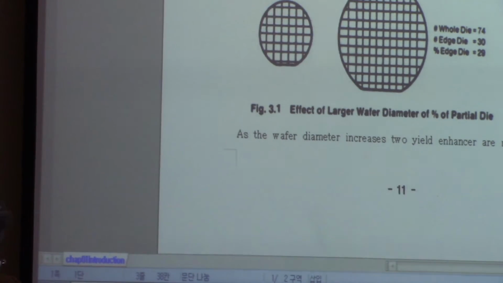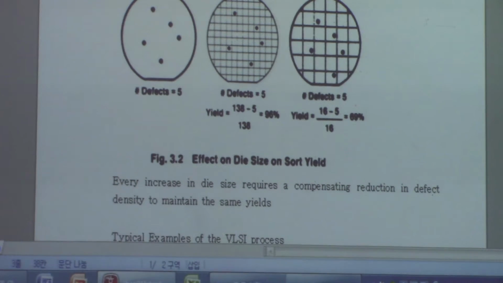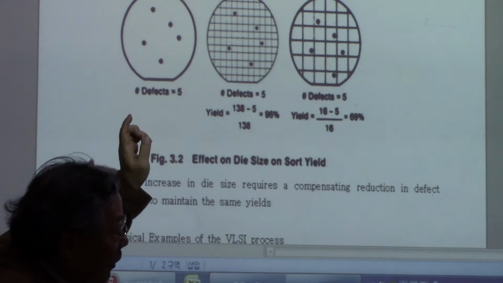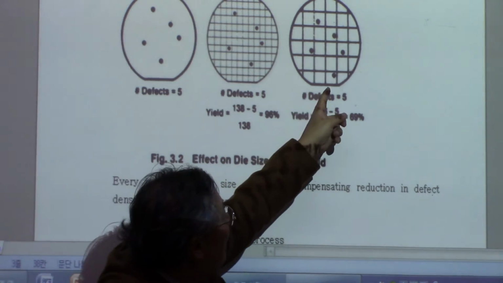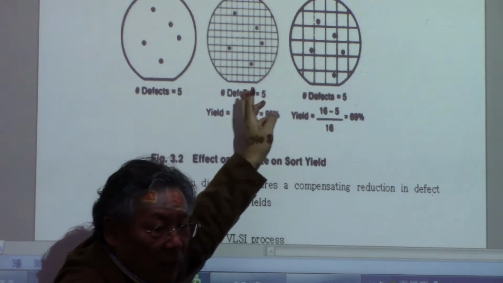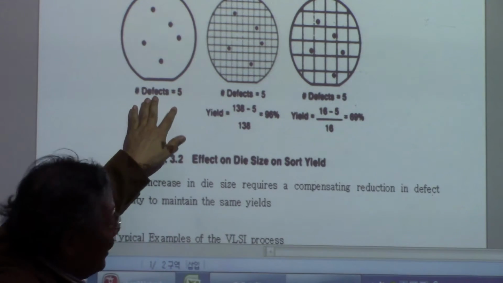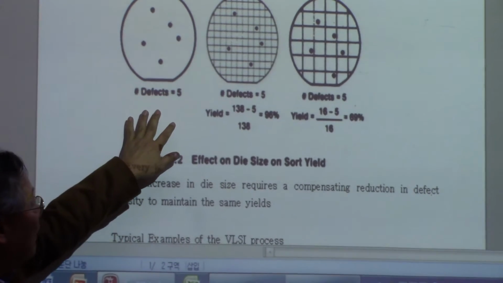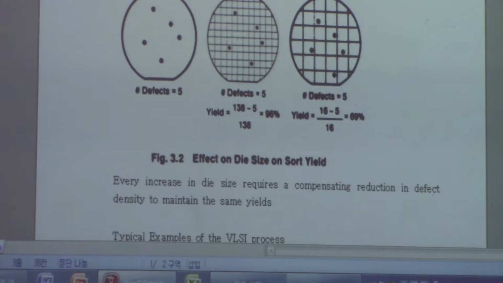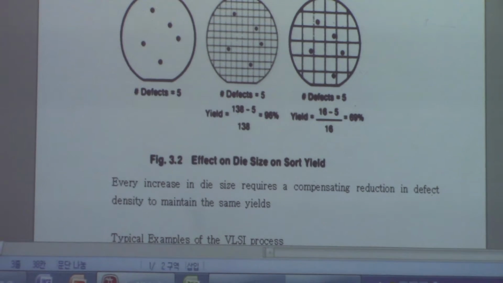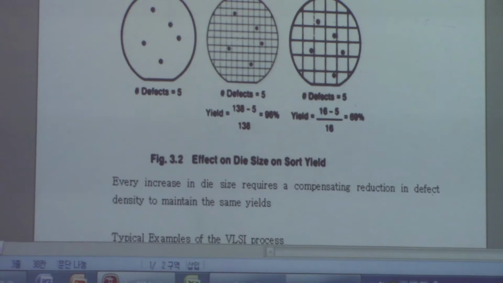And then as far as the yield is concerned, if you can make the die this small, and if you can make a die this small, compare these two. You may say that in your wafer, 5 defects is inevitable. You cannot make 100% defect-free wafers in the industry.